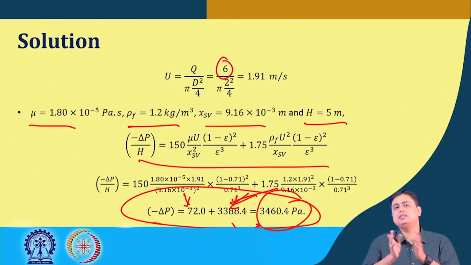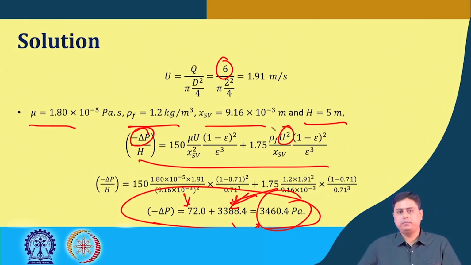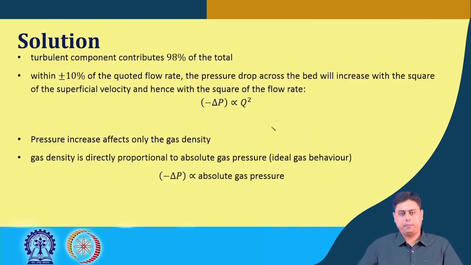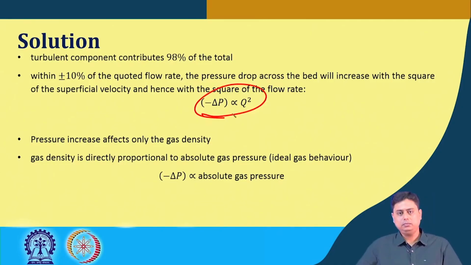So that means even if you change plus minus 10%, it will still be in the turbulent region, and if that happens, then del P varies with the u square value, superficial velocity square. Q is proportional to the value u. As you increase the superficial velocity, flow rate increases. So, it would increase in that proportion. The del P would increase in the same proportion of the superficial velocity if you change the flow rate.